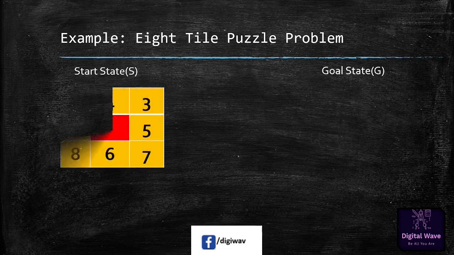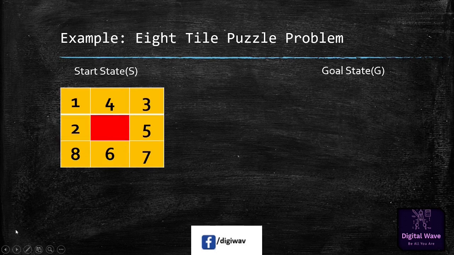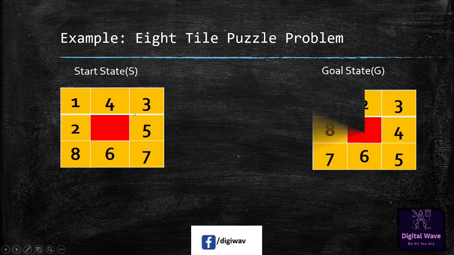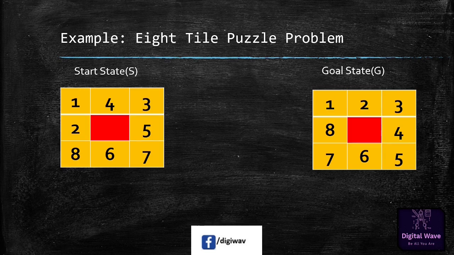So we have this 8-tile puzzle. Here I have 9 squares, and I have written random numbers in every block, and this is our goal state. Whatever numbers I have in this puzzle, I want to arrange them as in the goal state. What will be the possible action I can perform on this start state?